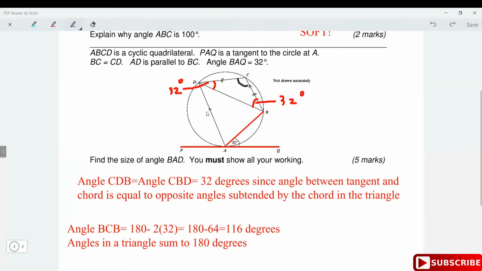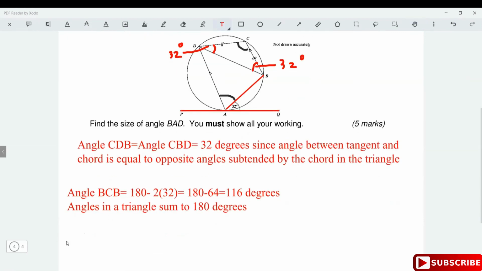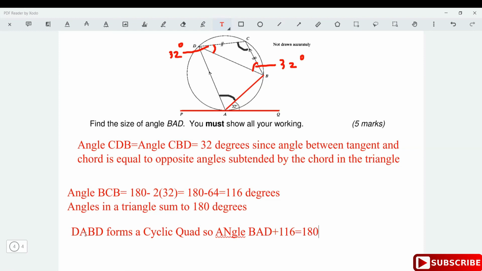Then finally, we need angle BAD. So we need the angle in here. Now we know that DCBA forms a cyclic quad, and so angle BAD plus 116 is equal to 180, because opposite angles in a cyclic quad sum to 180.